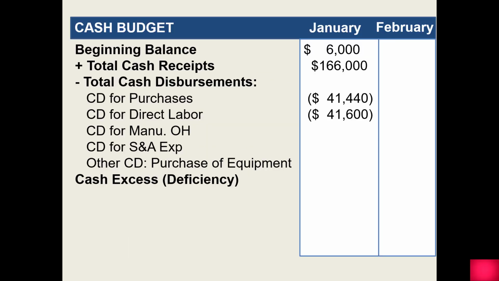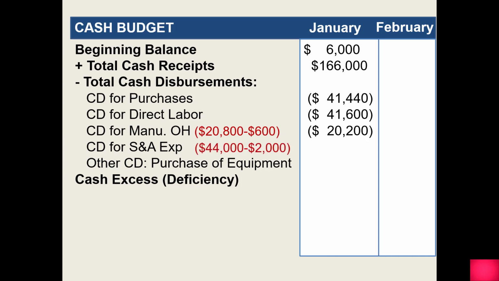Direct labor, $41,600 is the amount we'll spend on labor, and typically you have to pay for that in cash. Manufacturing overhead, the total for January is $20,800, but that includes $600 of depreciation, which is a non-cash expense. So our disbursements will be $20,200.